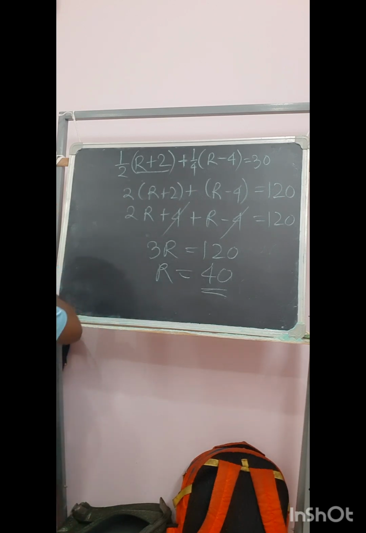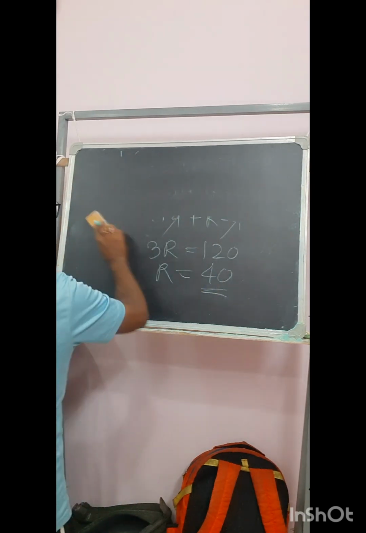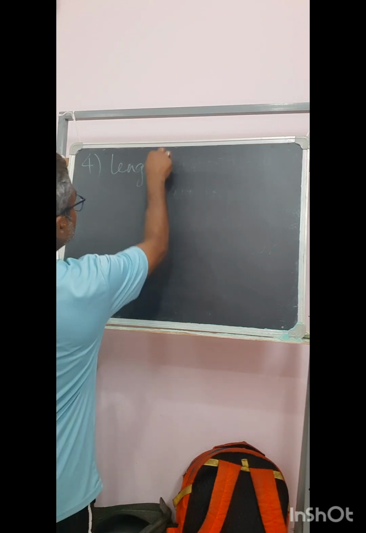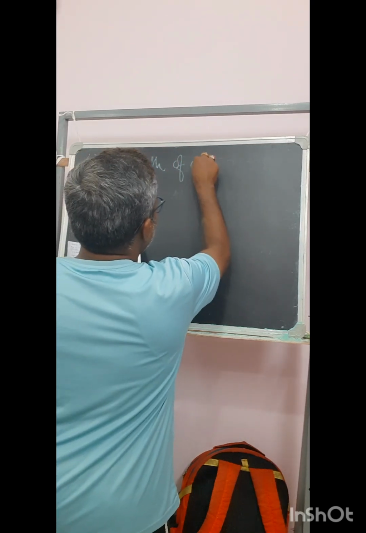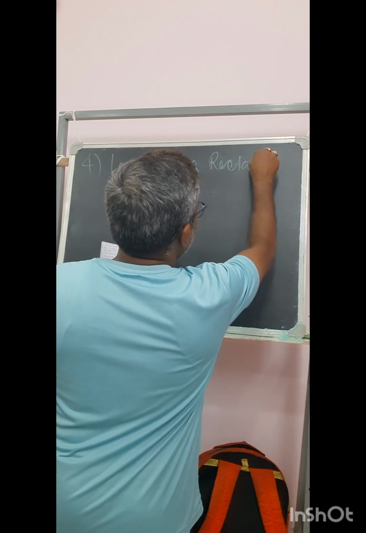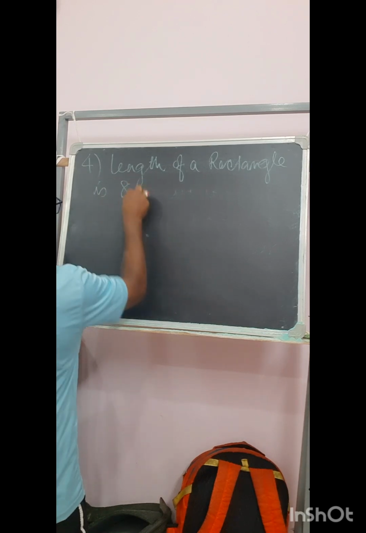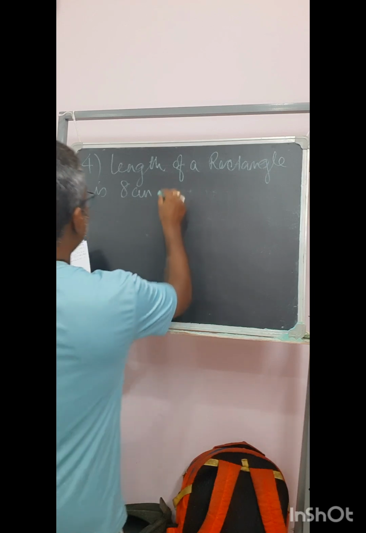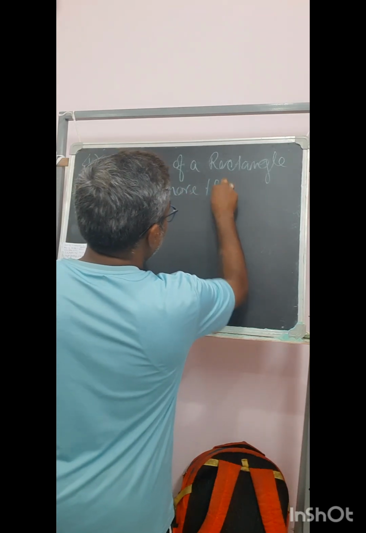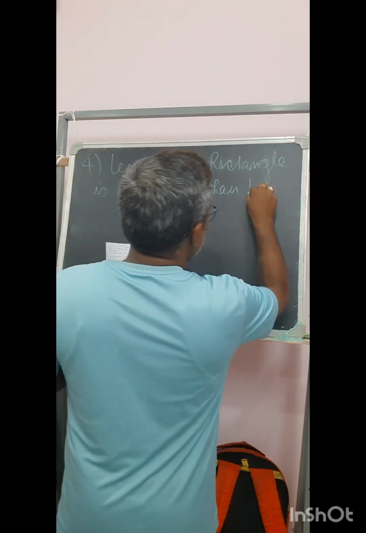Okay, let's move to the next problem. Number 4. Sorry. Length of a rectangle is 8 centimeter more than breadth.